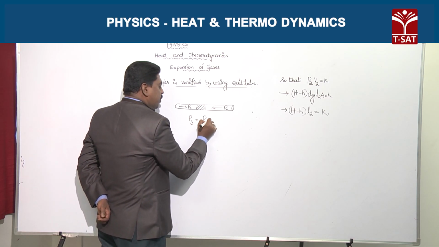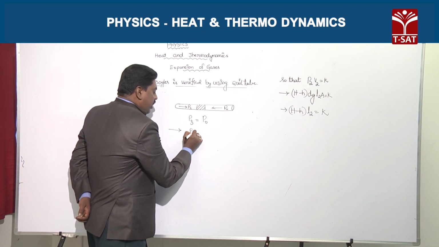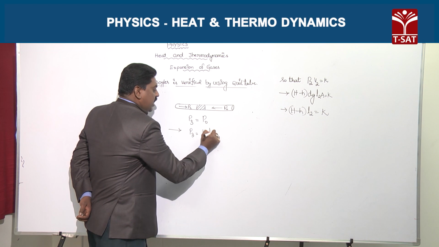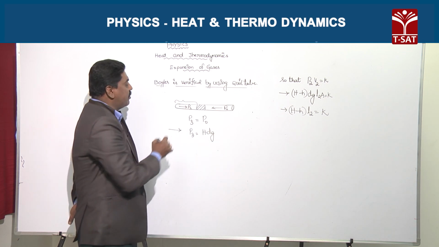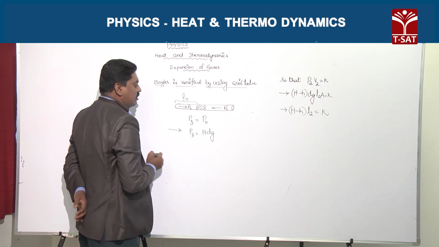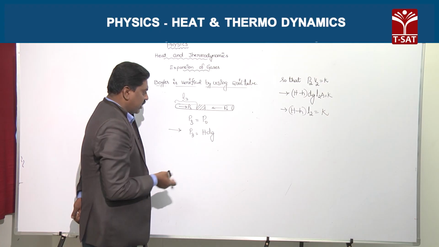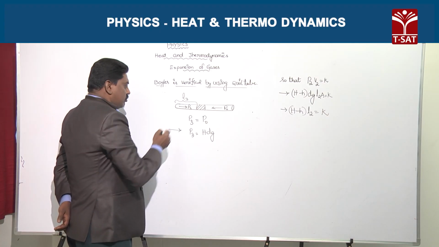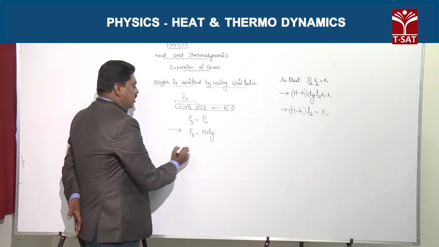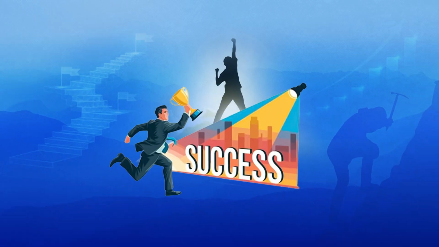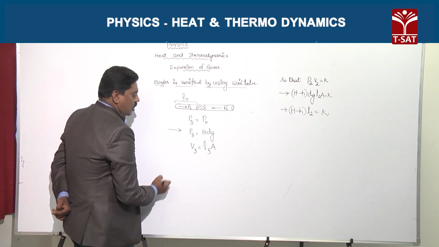P3 equals P0, implies P3 equals H d g. Let the volume of air trapped be V3, which is given as the length of the air column L3 into area of cross section.